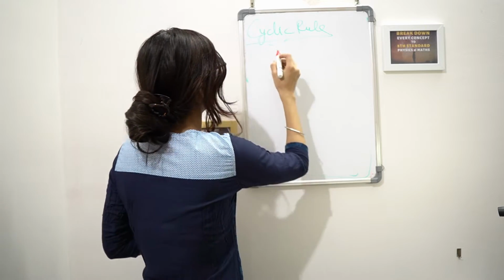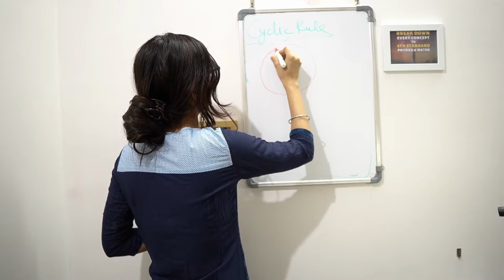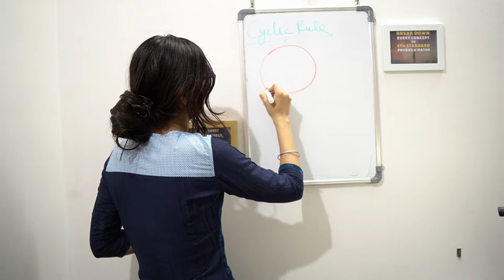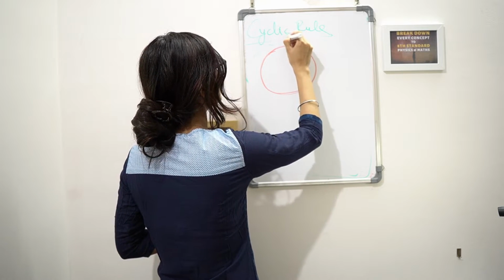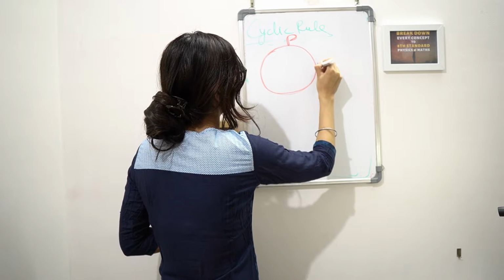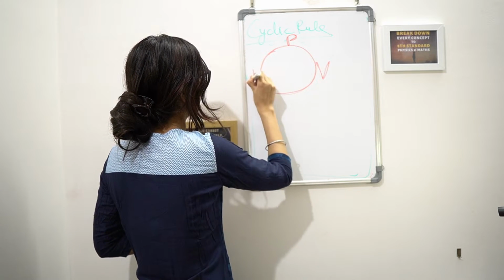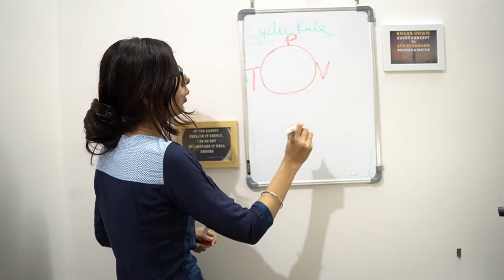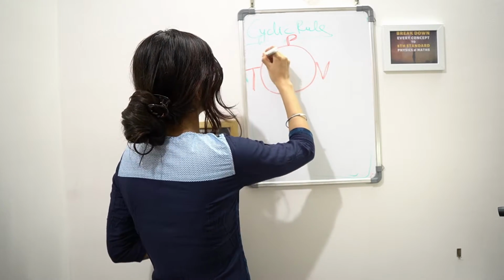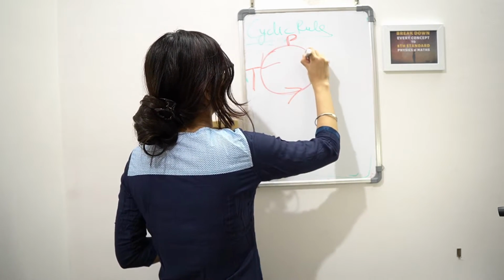I'm redrawing it, so it is like this. Fine. And I wrote P here, I wrote V here, and I wrote T here. Now we'll be going anti-clockwise from here to here and to here.